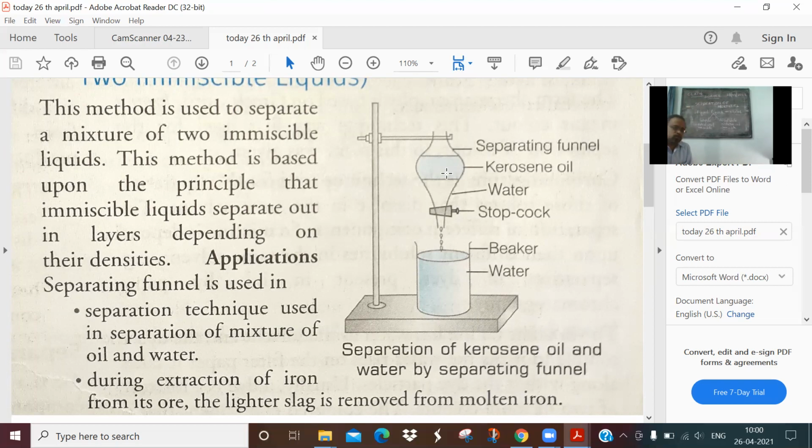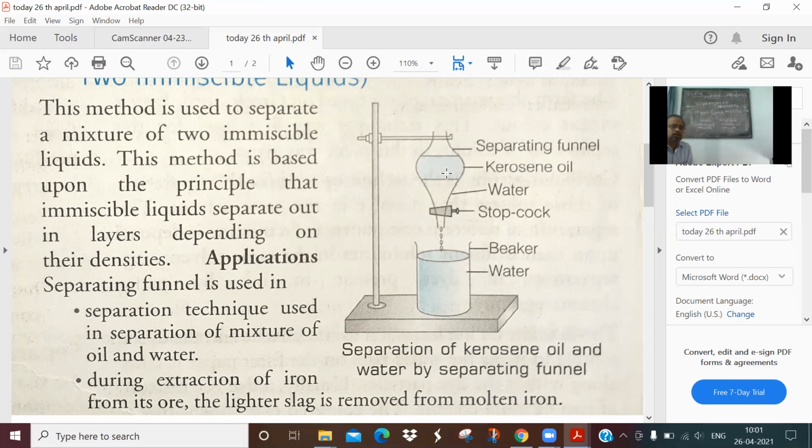Here there is no complicated mechanism involved. It is a simple method based on the difference in densities, or difference in mass. The heavier liquid under gravity forms a down layer.